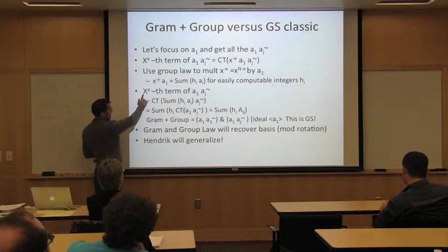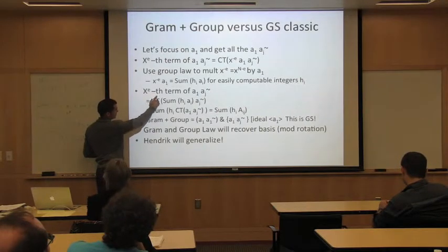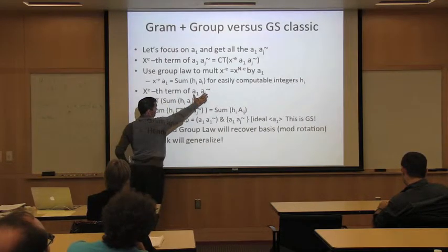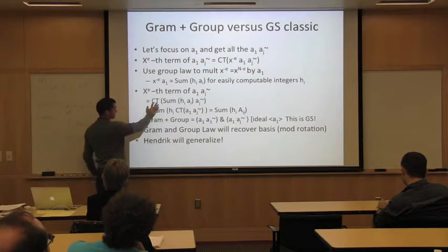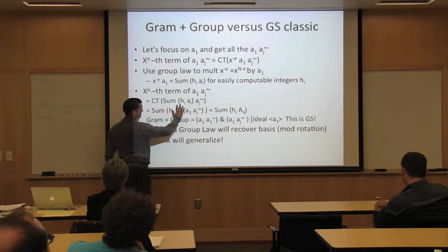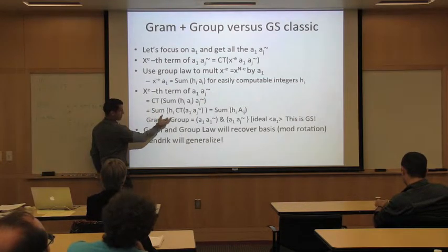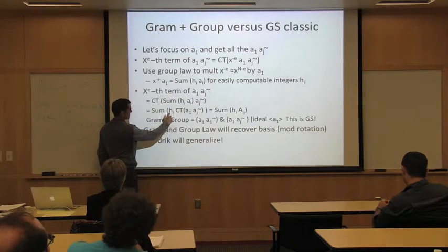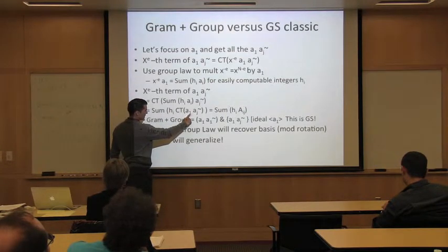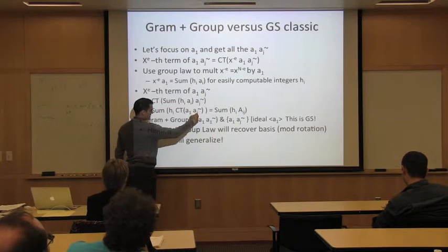And so the x to the eth term of this polynomial is the constant term of this polynomial. I do some algebra on that, and that's the sum of all these integers times the constant terms of a_1 times a_j conjugate.